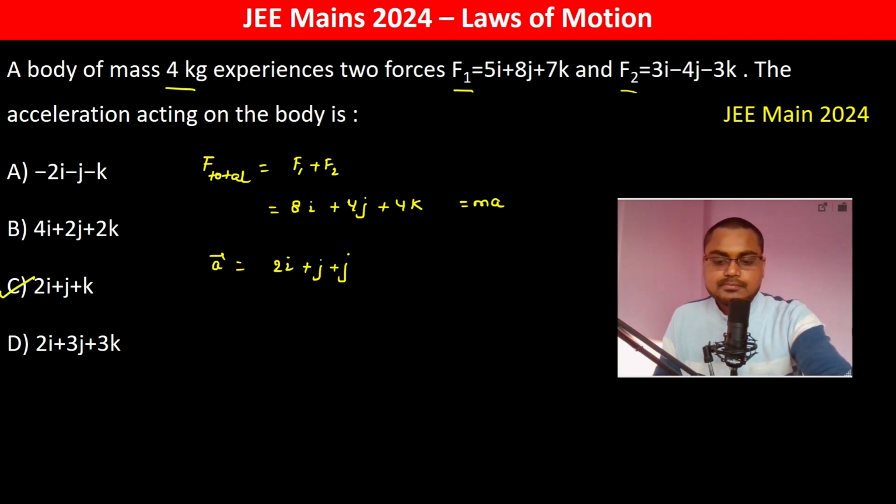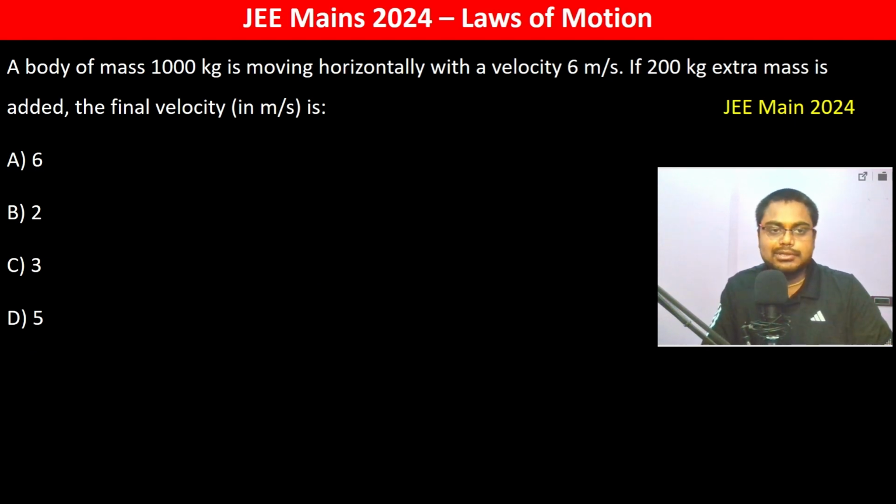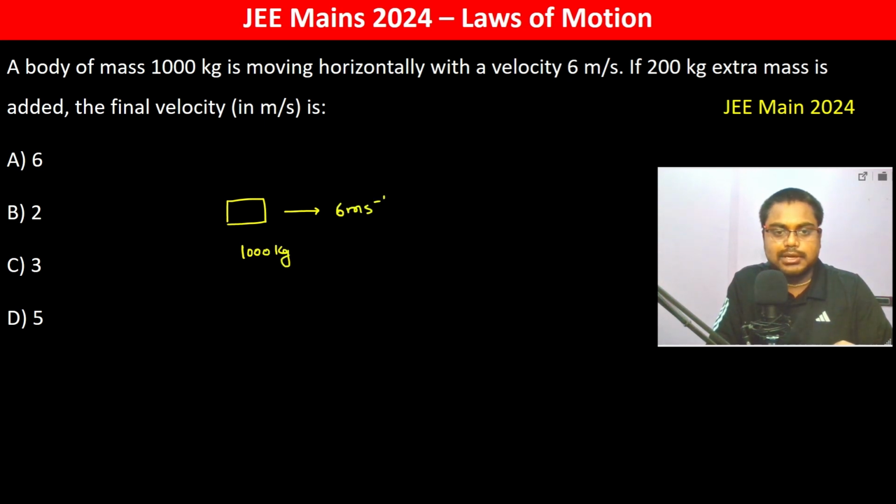A body of mass 1000 kg is moving horizontally with a velocity of 6 meter per second. If 200 kg extra mass is added, the final velocity is. Okay, so this is basically conservation of momentum. So this is 1000 kg and is moving horizontally with a velocity of 6 meter per second.